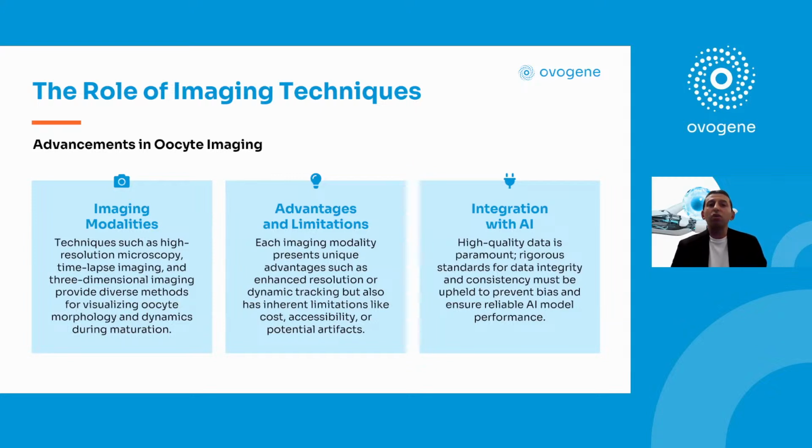The role of imaging here is very important. As I said, more images will give more accurate data, but on the other side, the quality of the image is very important for AI. If you supply a 3D image to AI, it will give a high and accurate outcome.